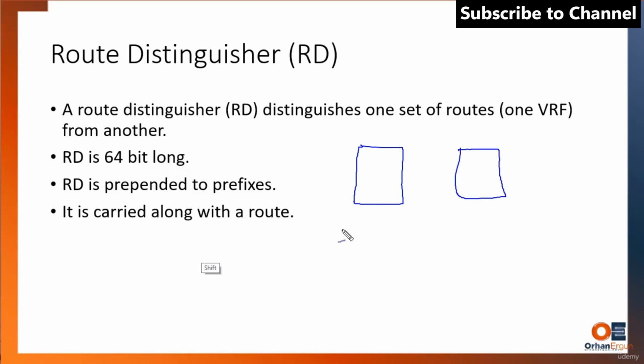Let's say that the first one has a route of 10.10.10.0/24. The second one can have a route of 10.10.10.0/24. And I said in a previous session that this is okay. Overlapping routes are okay. We can distinguish them from each other. How? By adding a route distinguisher.